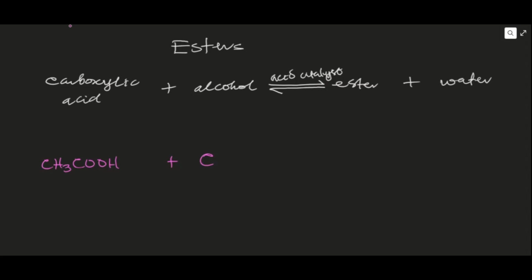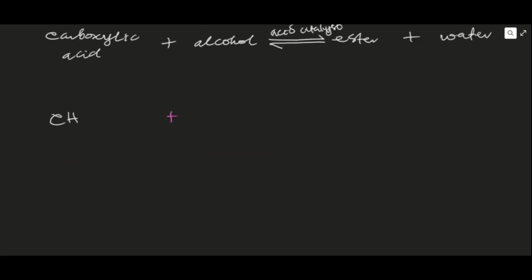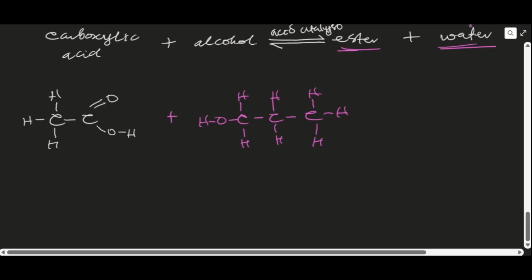Propanol is C3H7OH. So this is propanol. So CH3COOH, this is our ethanoic acid. We are using propanol, not ethanol. So I'll put the OH at this side here. Remember, the reaction will give us water and then ester.